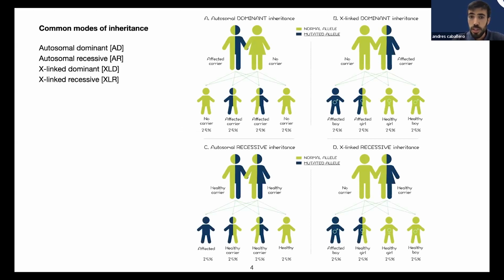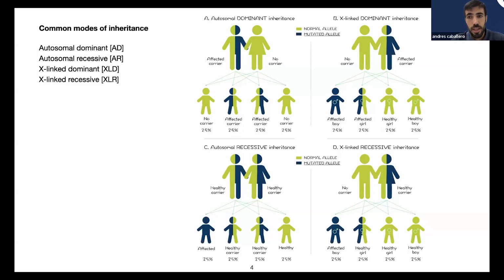In autosomal dominant, one parent, so either the father or the mother, is enough to carry and pass on the mutation and disease to the offspring. However, in autosomal recessive conditions, you need both parents to transmit the mutated allele for the offspring to develop the condition.